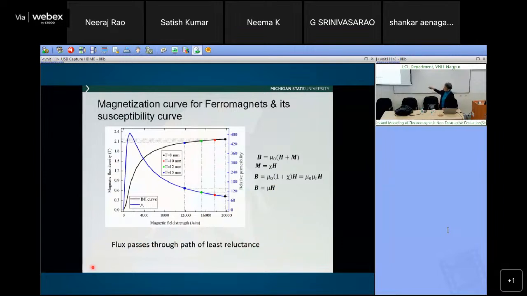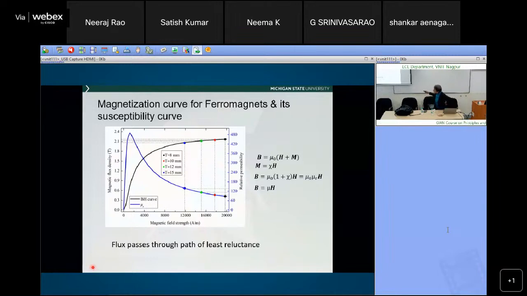At the linear region, it reaches its peak. And when the material gets saturated, the mu starts decreasing. And so that's what you can see over here in the blue curve.